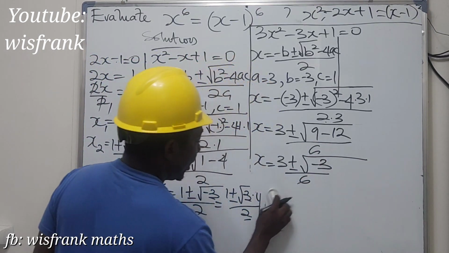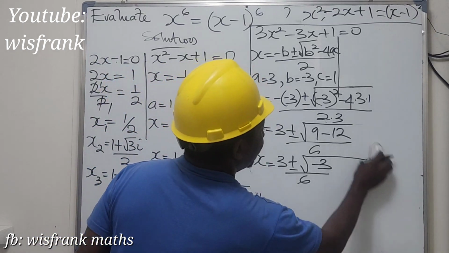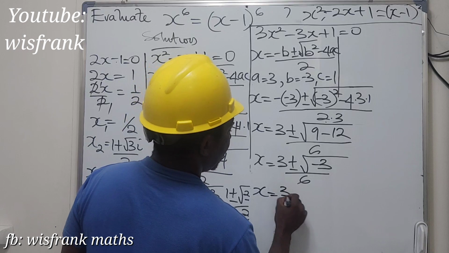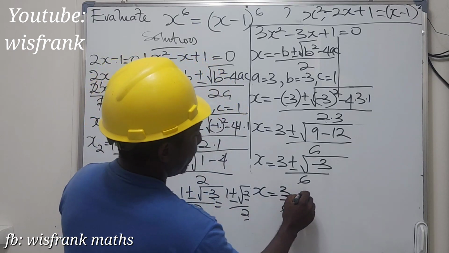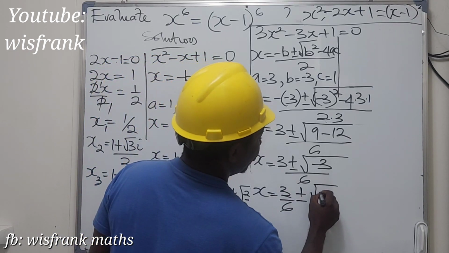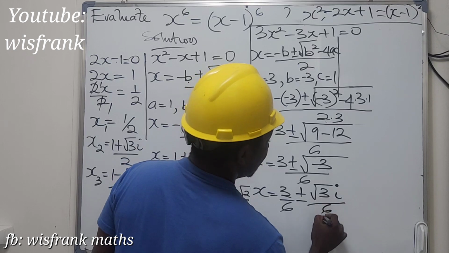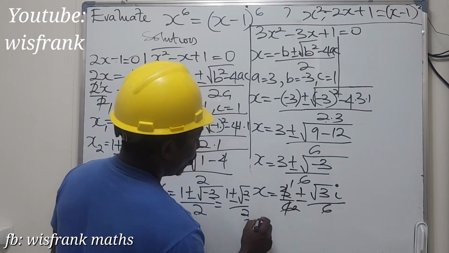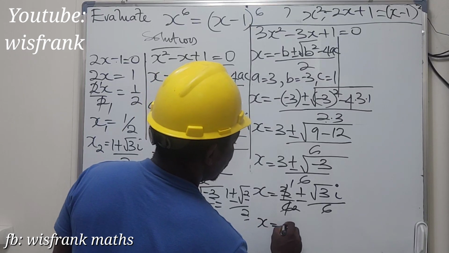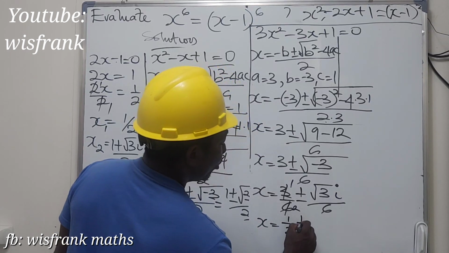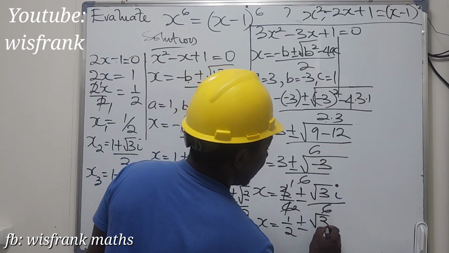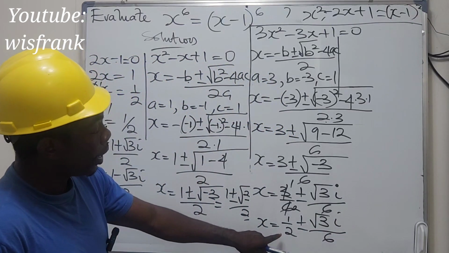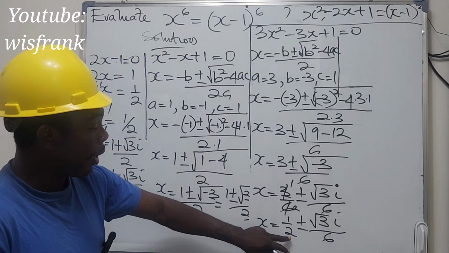So we can further break this down. We have x equals 3 all over 6 plus or minus root 3i all over 6. In that case, 3 will cancel here, 3 will cancel here. So we are now left with x equals 1 all over 2 plus or minus root 3i all over 6. So we have two solutions from this evaluation.